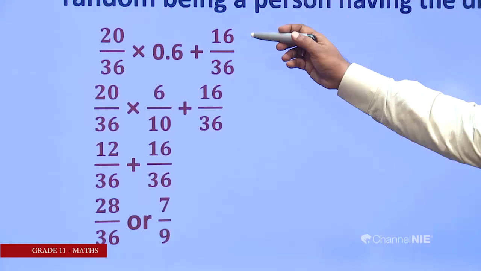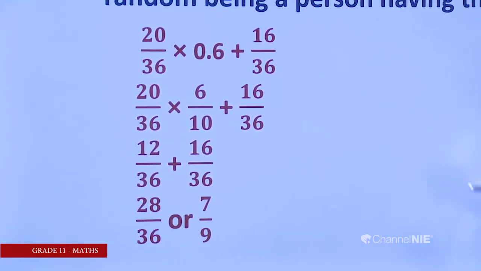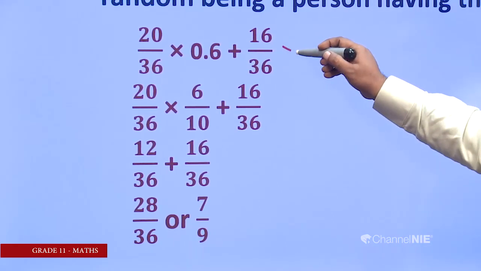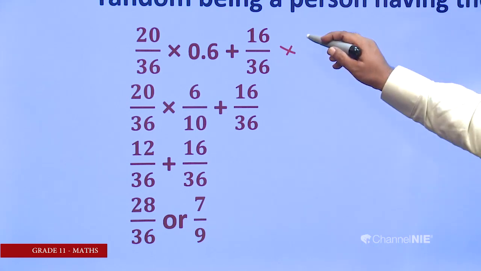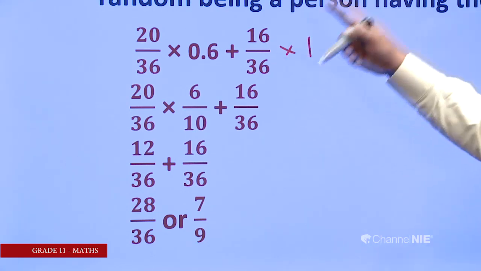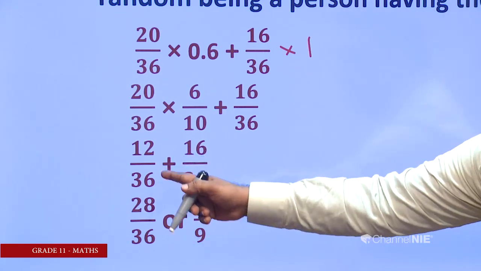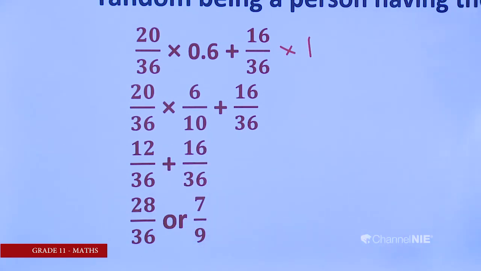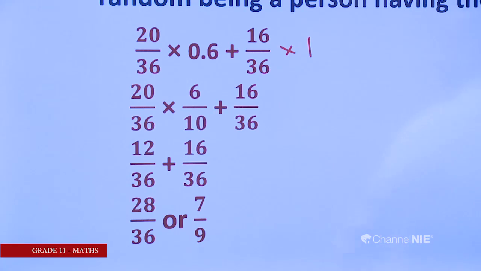Here being a female, 16/36. Here you have to multiply this fraction by the probability, like 0.6. All the females had the disease, it means probability is 1. 16 multiplied by 1 is 16/36. Here 12/36 plus 16/36. After simplifying, 28/36 or 7/9.